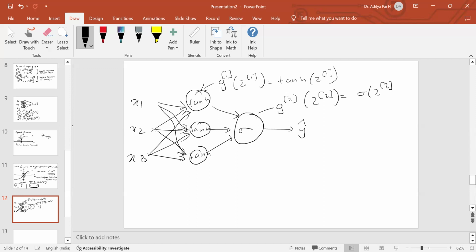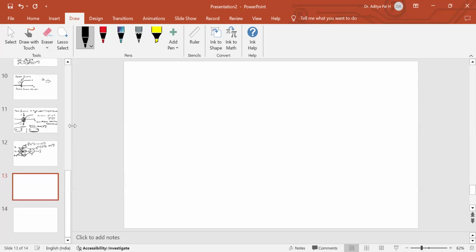For the output we cannot use tan h because, as I said, tan h ranges between -1 to +1, but for the output we require either 0 or 1. That is why for this particular thing we will be using the sigmoid function. So this is about tan h and sigmoid.